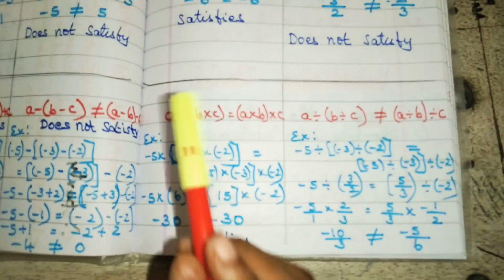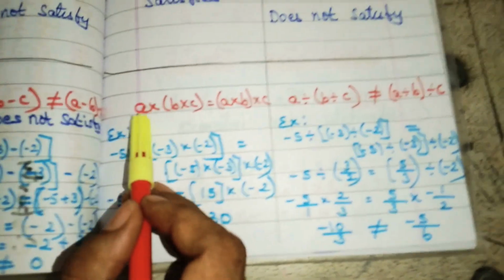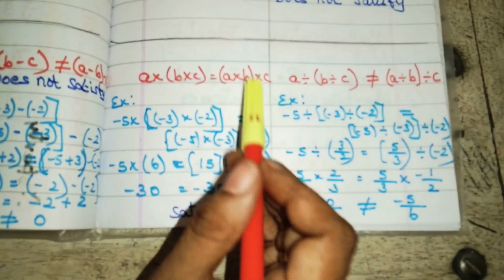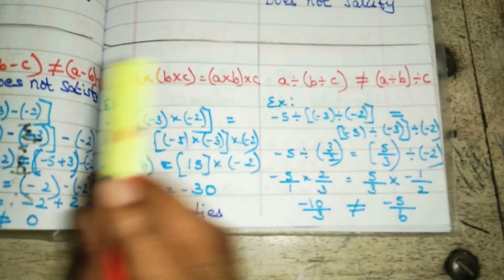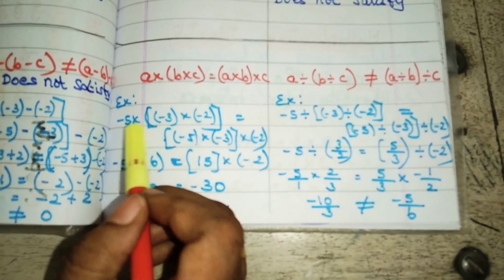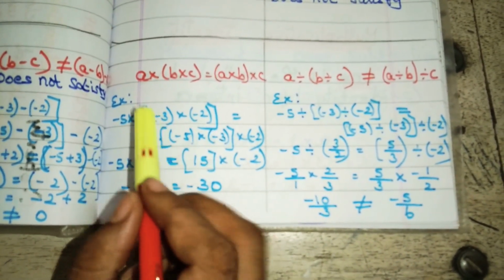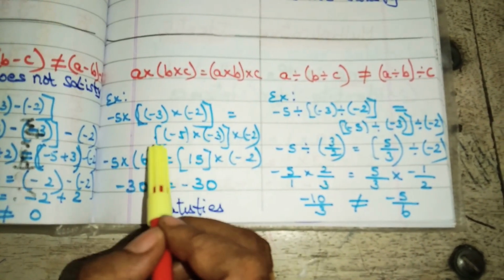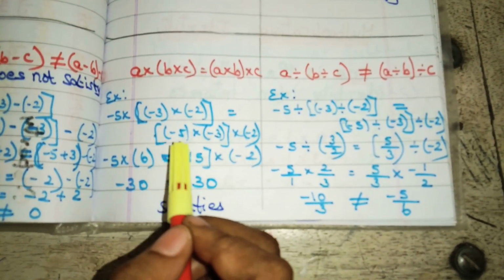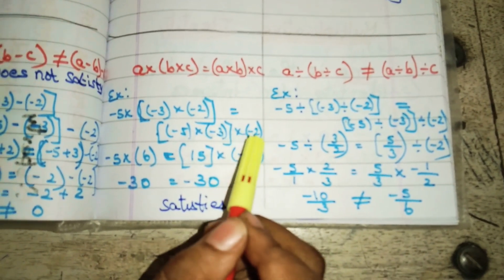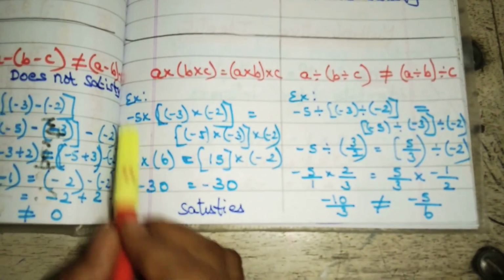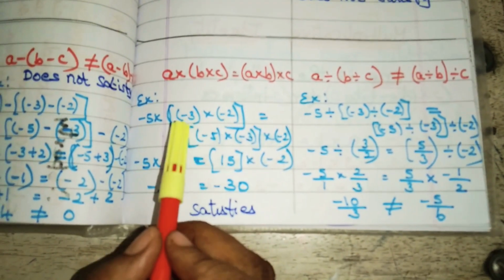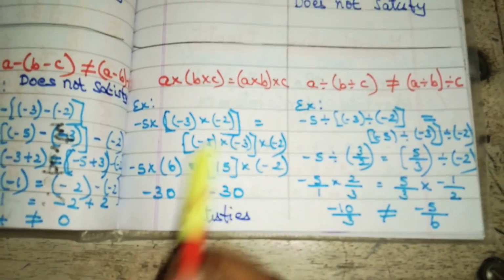Next, moving on to the multiplication. A into B into C, within brackets, is equal to A into B, within brackets, into C. So minus 5 separately into B and C separately in a big bracket, minus 3 into minus 2, is equal to A into B within brackets, minus 5 into minus 3, into minus 2. So now I will keep minus 5 as it is, and simplify the numbers within the bracket. Now minus into minus, plus. 3 2s are 6.